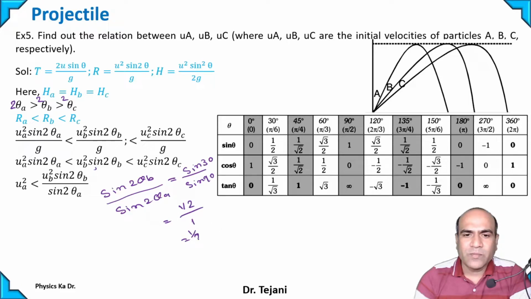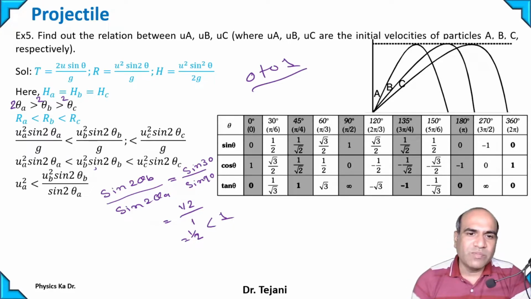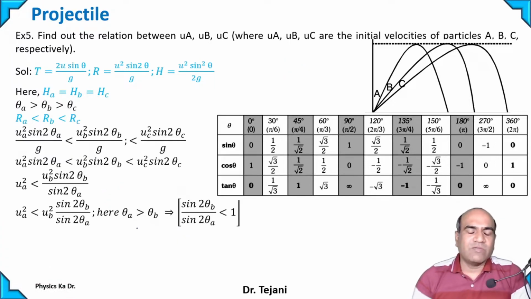If you take any case, this value is always going to be less than 1, because sine varies from 0 to 1, right? And sine 2 theta B is always smaller compared to sine 2 theta A, so this is always going to have a smaller value.